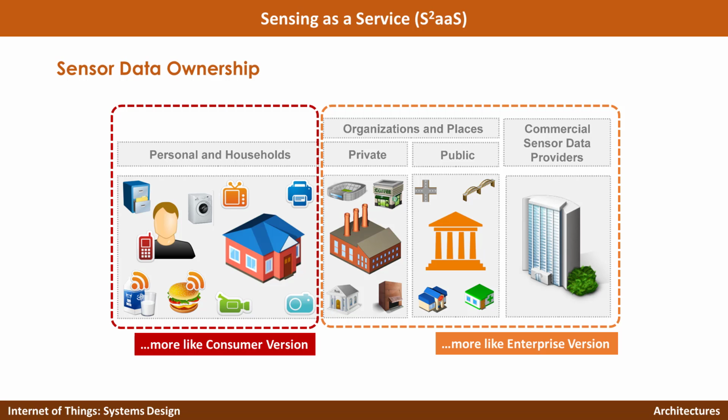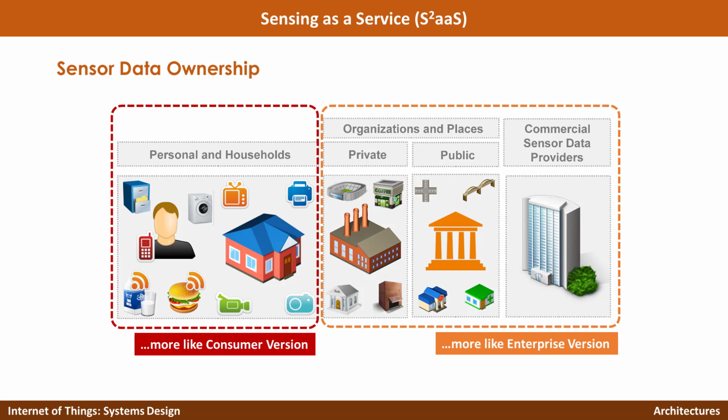Then you have the sensors deployed by private organizations such as coffee shops, manufacturing, buildings, apartments, stadiums, or any other private organizations for their own objective. But once they achieve their private objective, they could make the data available for anyone to buy. Then you have the public sensors, where public entities such as councils, hospitals, bridges, or other infrastructure might have their own sensors.